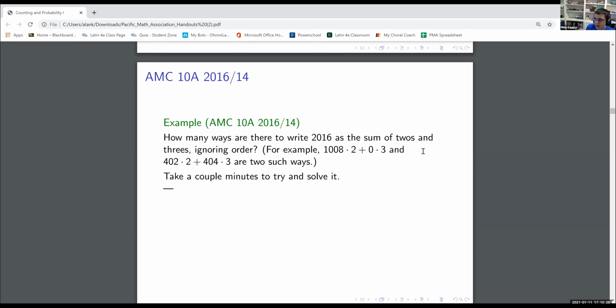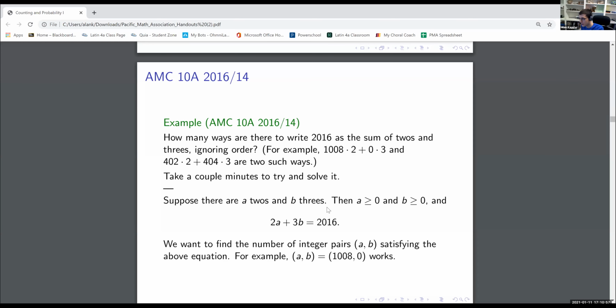All right. So let's start. We can convert this problem to an equation: 2a plus 3b equals 2016, since there are a 2's and b 3's. So we're looking for non-negative integer solutions to this equation.